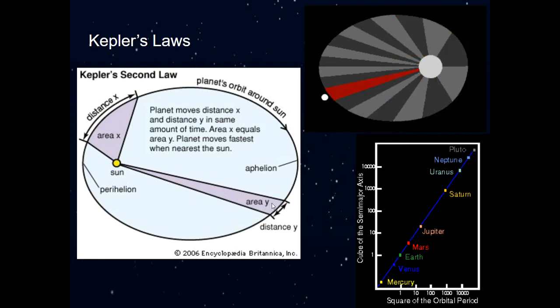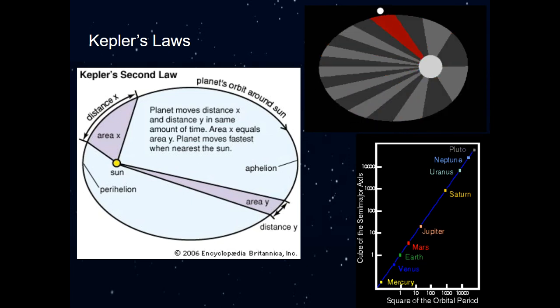So these areas, area X and area Y, are equal areas, but you'll note that over here, the distance covered by the planet is much greater than it is over here. The net effect of this is that because the orbits are elliptical, the sun is going to be located at one of the foci of the ellipse, because while a circle has one focus from which you measure the radius, an ellipse has two foci, and the sun is going to be located at one of those foci.